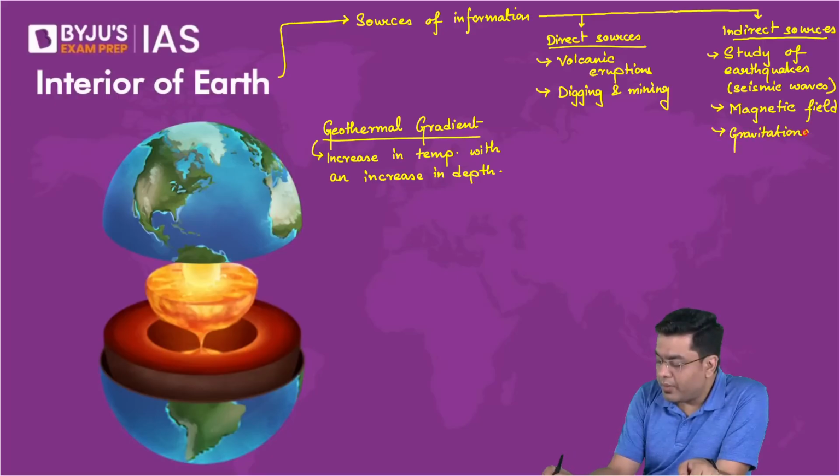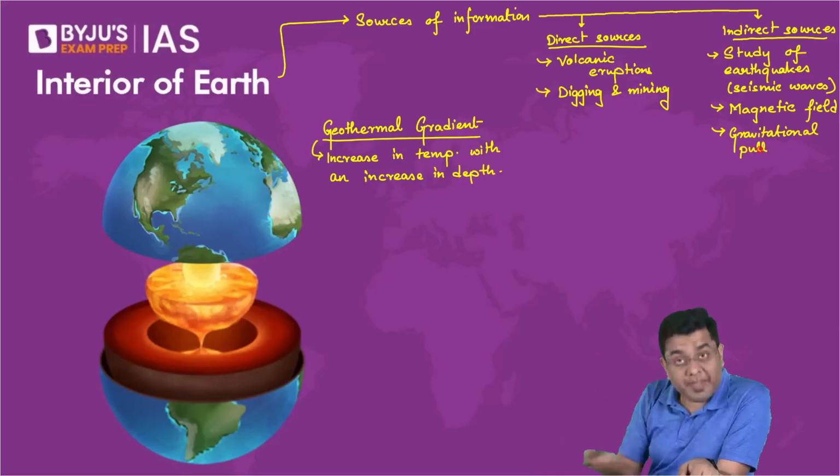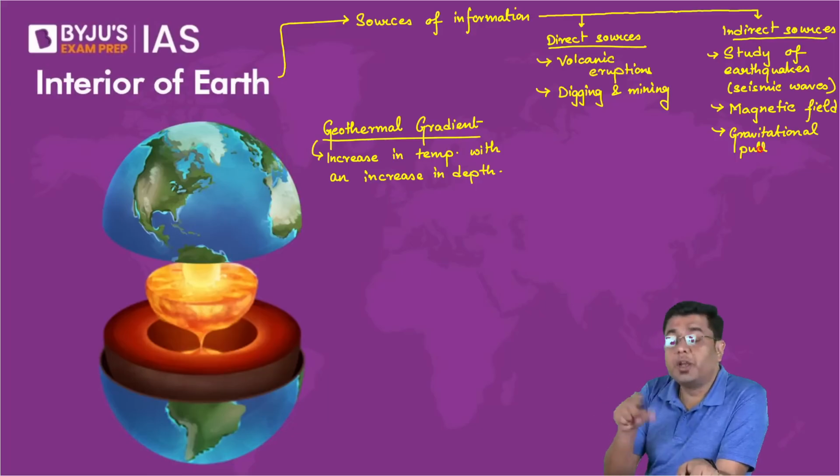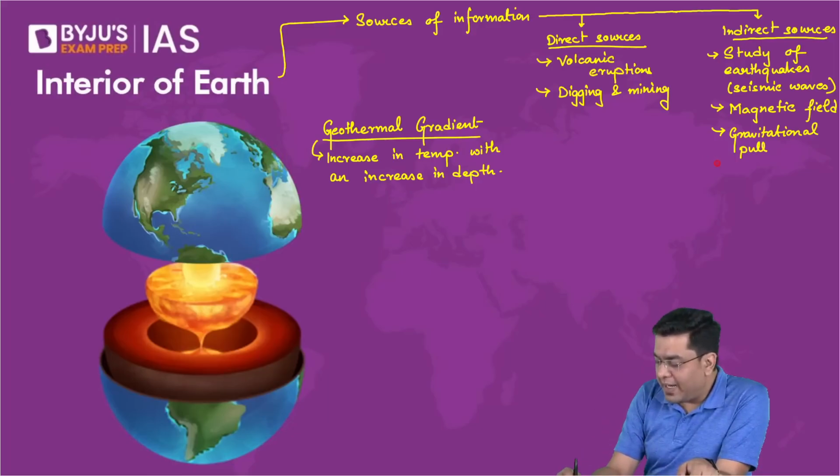Gravitational pull at various different places of the planet. That also gives you an idea about the curvature, about the shape of the planet in detail. And then after that, basically, we also get an idea from the study of meteorites.